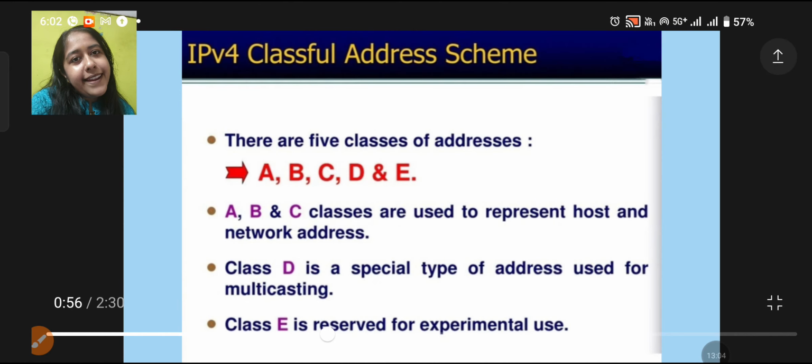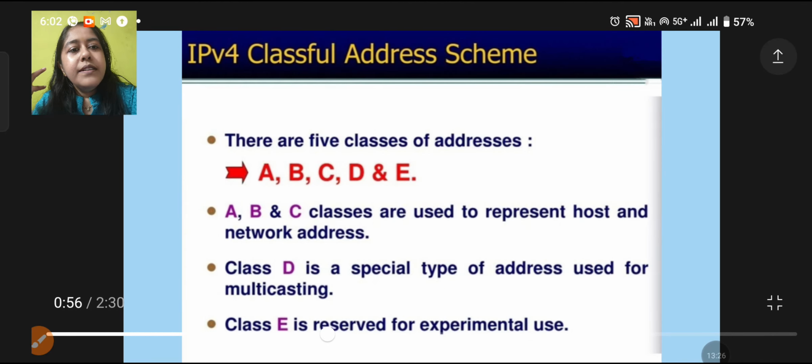Class D is a special type of address used for multicasting. I have already told you that for different users and different purposes, these particular classes of addresses are being used.